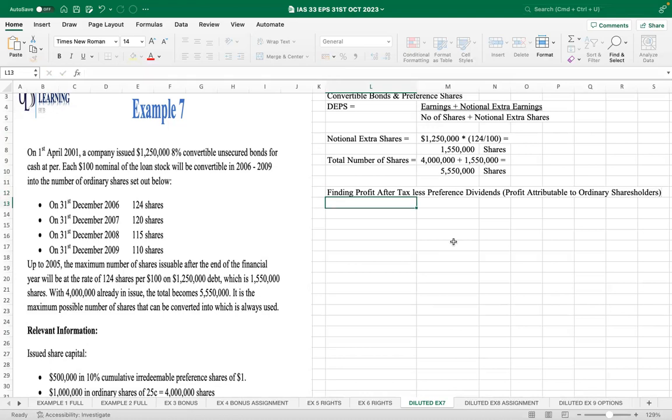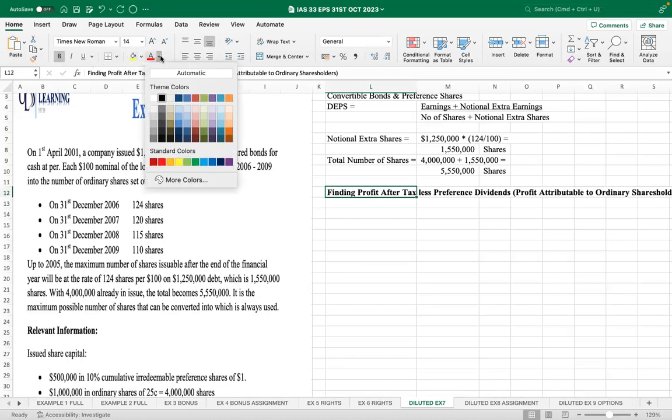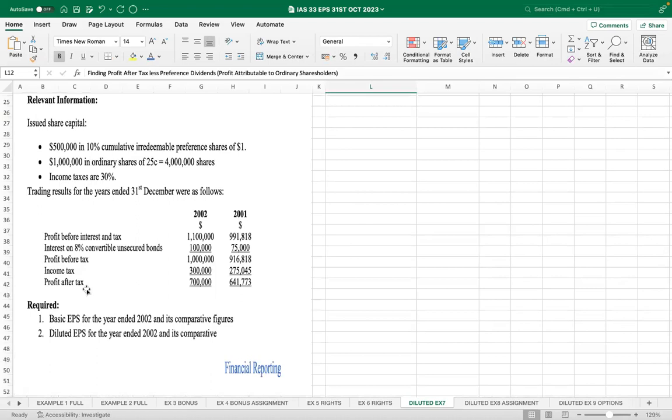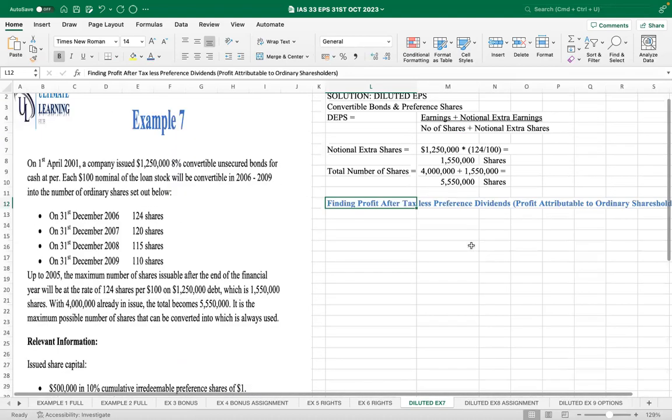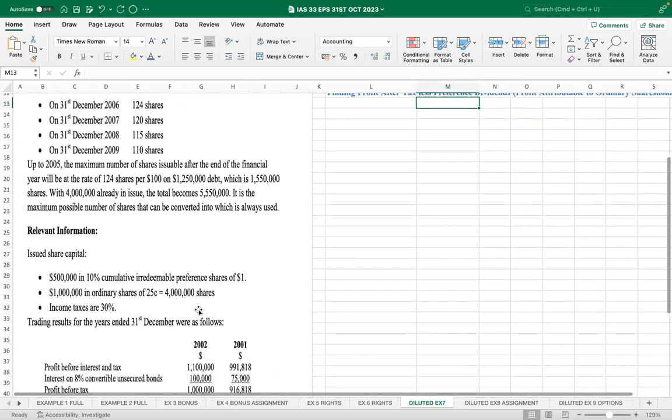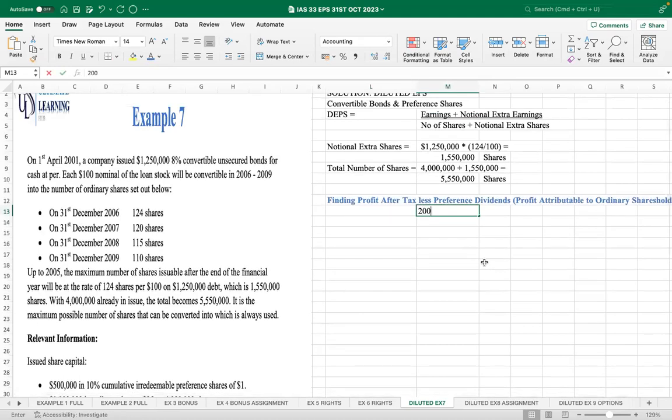That is what we want to find in this context. So how do you find this profit? Remember we had 2 years. Here we have profit after tax, and we need to get profit after tax minus preference dividends. We will need to get it for the year 2002, and we'll also need to find it for the year 2001.